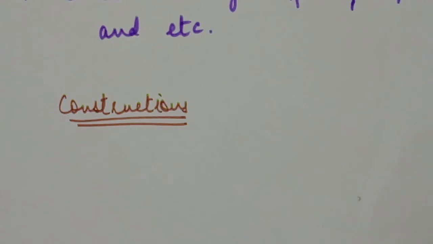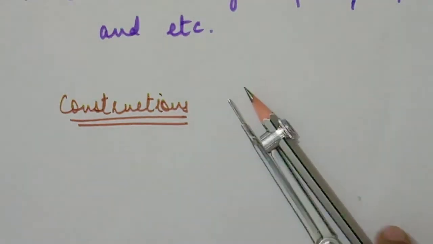When we will draw something with the help of our compass, scale, ruler, then that drawing is called construction. So the proper definition of construction is when we will draw something with the help of mathematics tools like compass, ruler, scale, then we call it construction. Students, this is the definition of construction.